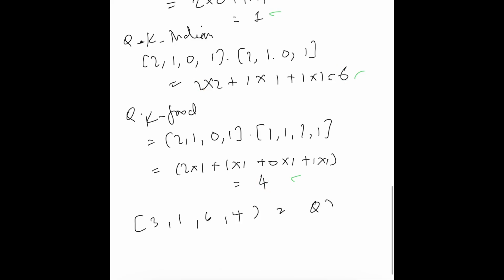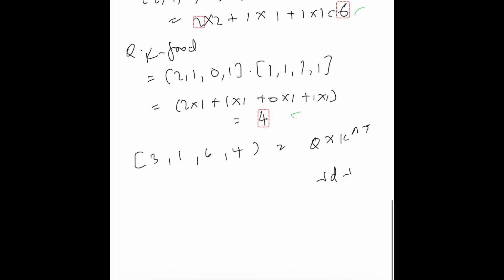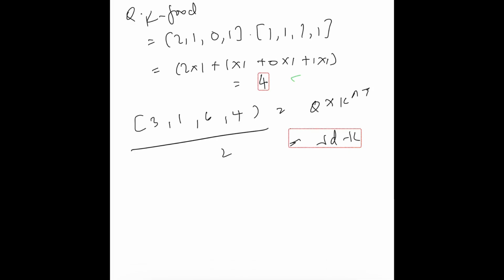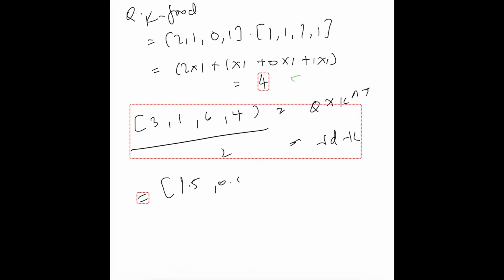That's basically our QK transpose. The square root of d is 2. So now we'll end up dividing this to get 1.5, 0.5, 3 and 2.